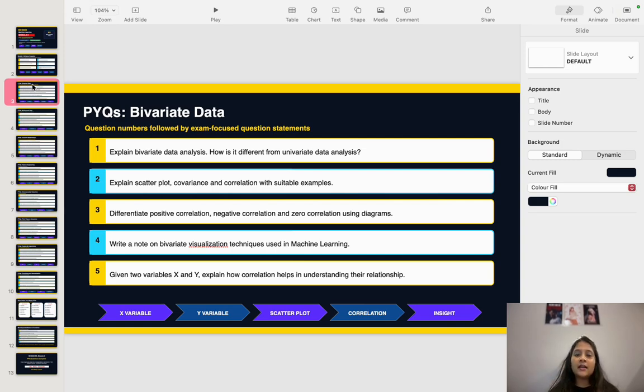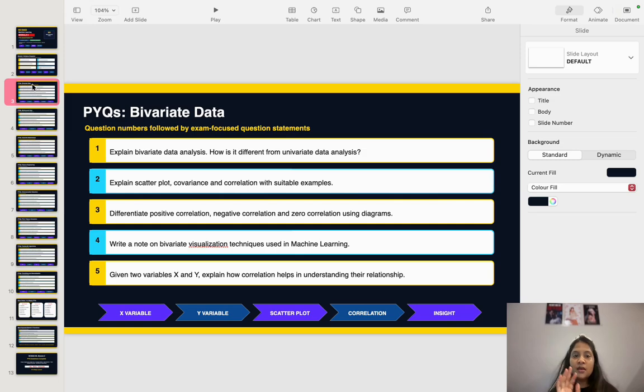Next, for the example of advertisement cost and sales, there is a specific product, and I am talking about its cost and its sales. These two variables are correlated and relatable. So these are the examples for bivariate data analysis.